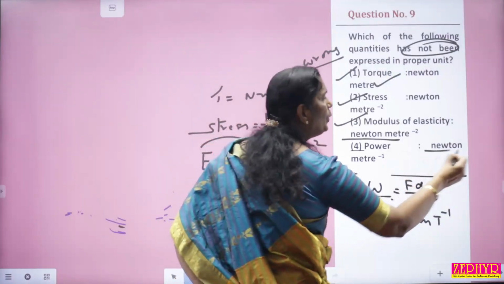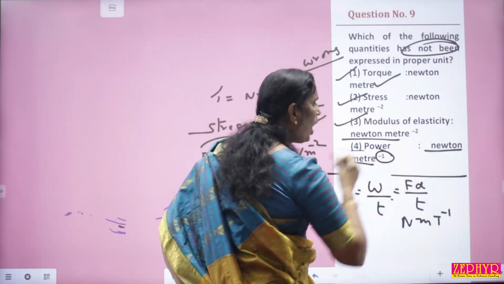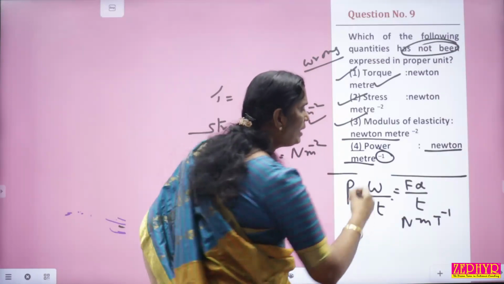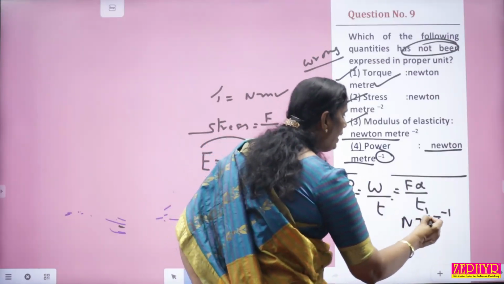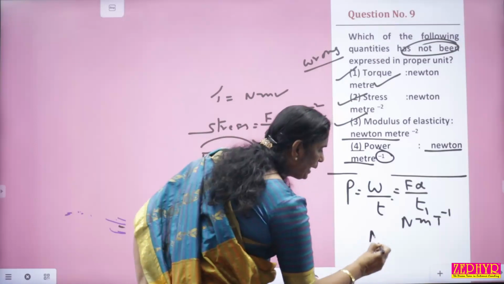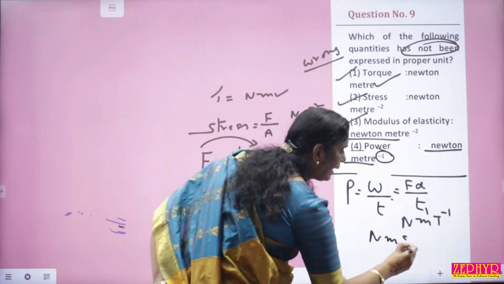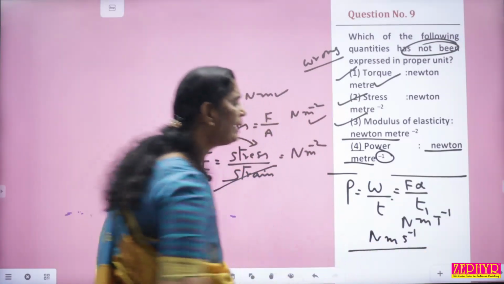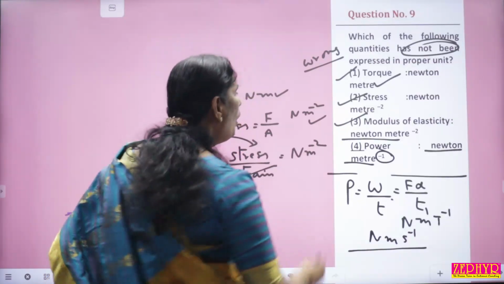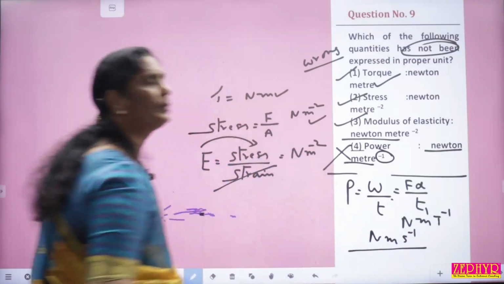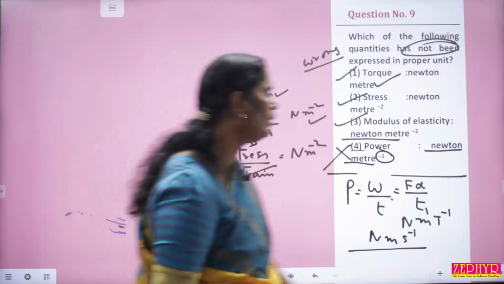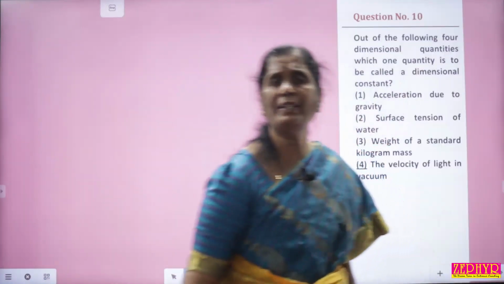But he has given only Newton meter, so that is wrong. So it's not correct. It should be Newton meter and second raised to -1. So this will be the correct answer. So the fourth will be wrong. To find out the fourth answer, we have to check everything. There is no other way.